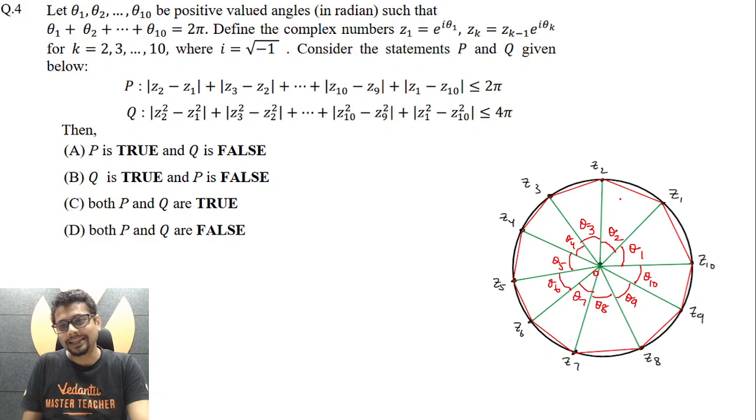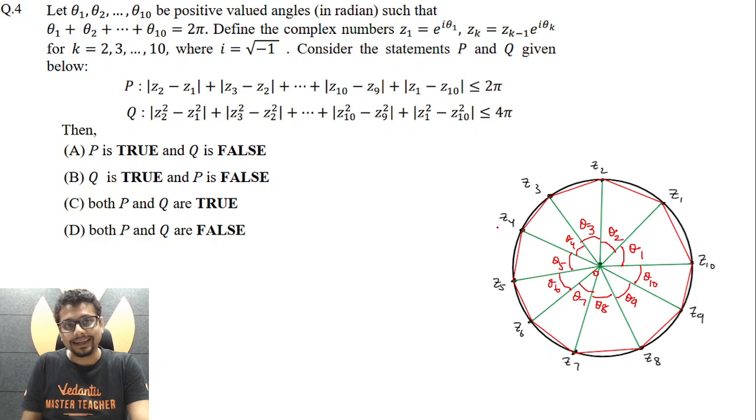So I can say for sure that this chord joining the points representing Z1 and Z2, the length of it will definitely be less than the length of the arc on the circle joining the points representing Z1 and Z2.